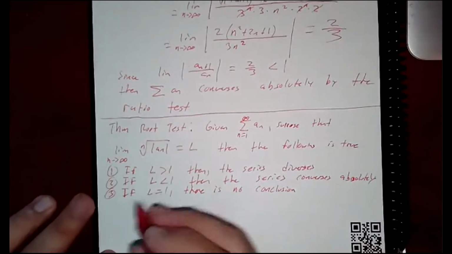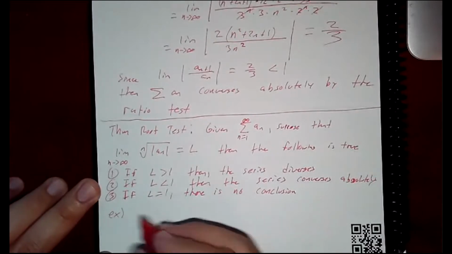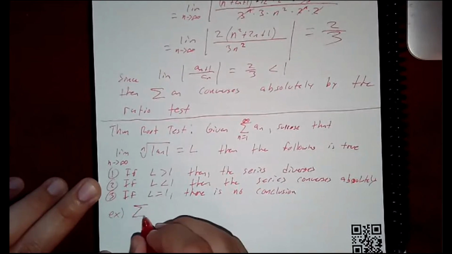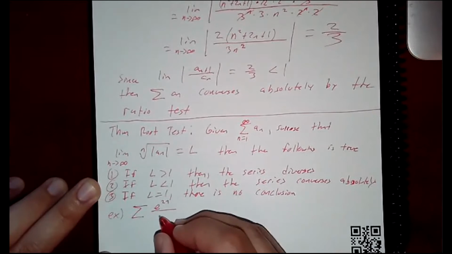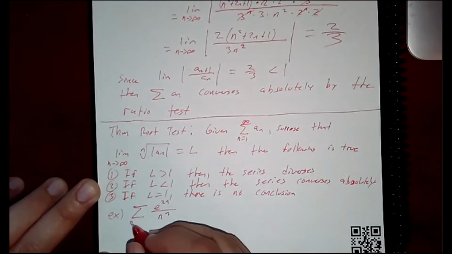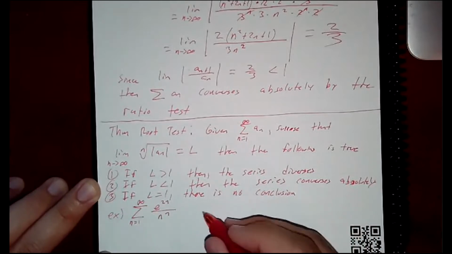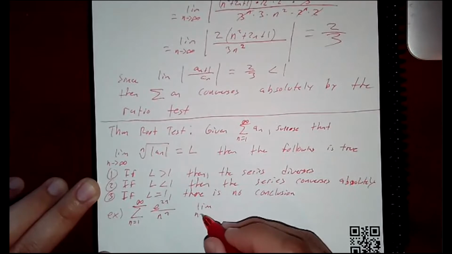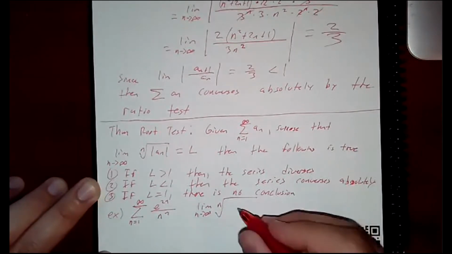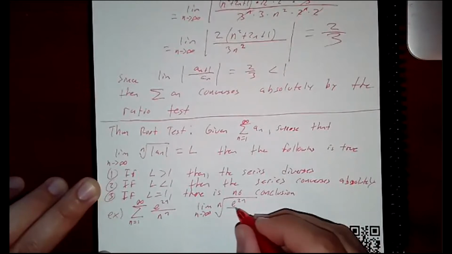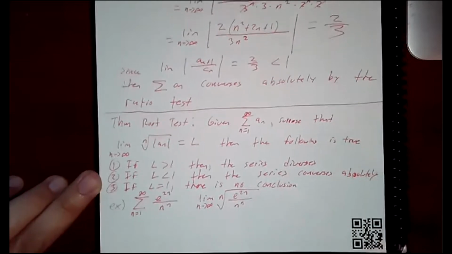See if I can do this in the space here. Determine convergence or divergence of this series. So what you do is take the limit of the sequence, but you do an nth root of everything, which cancels all the n's.